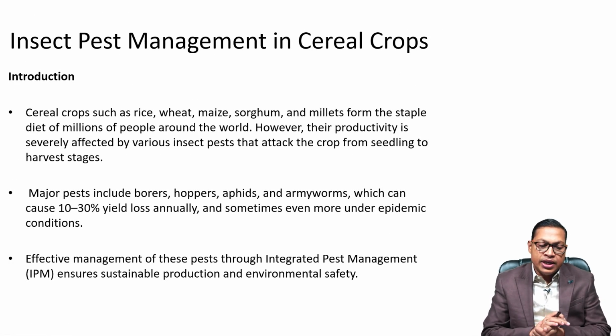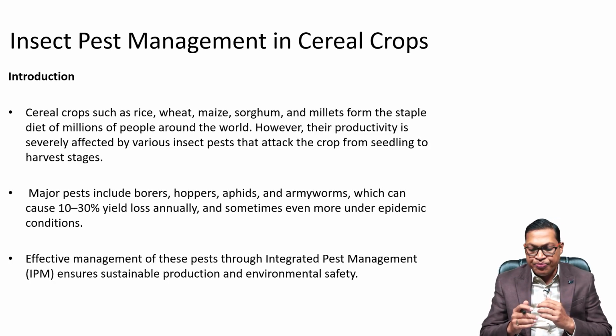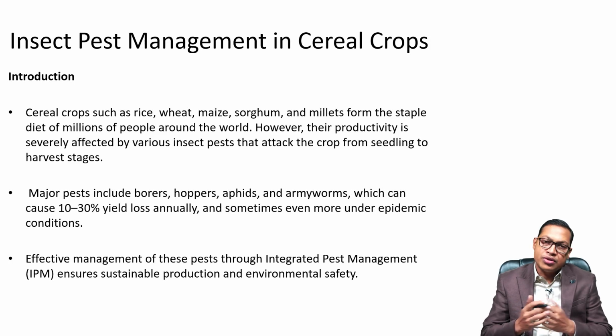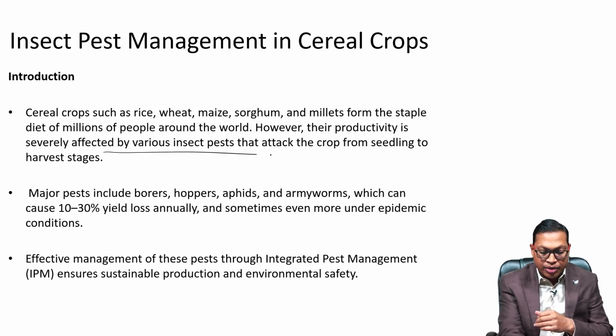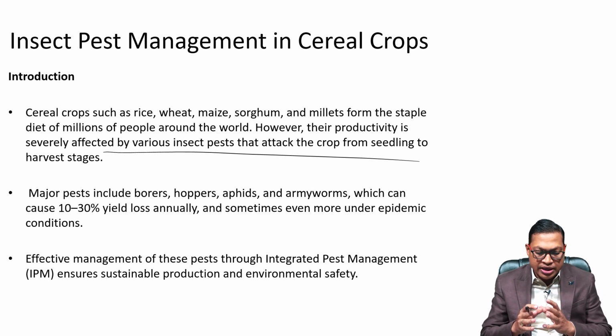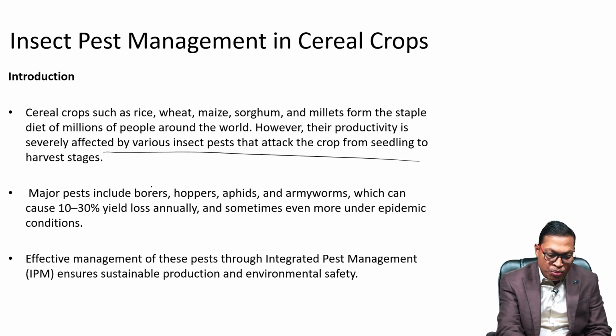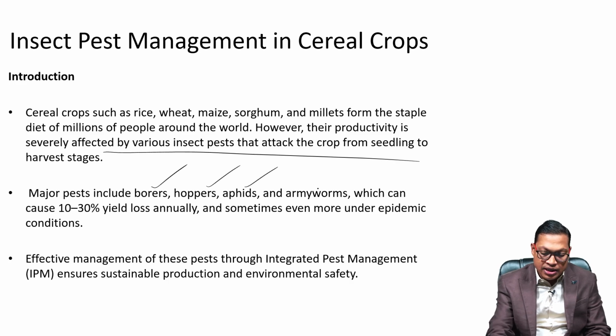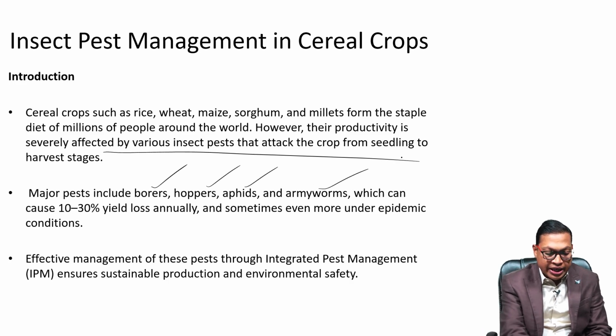Now, we will see insect pest management in cereal crops. Cereal crops like rice, maize, wheat and sorghum are the staple diet of millions of people around the world. However, their productivity is severely affected by various insect pest attacks. So, we have to manage insect pests like borers, hoppers, aphids and armyworms.